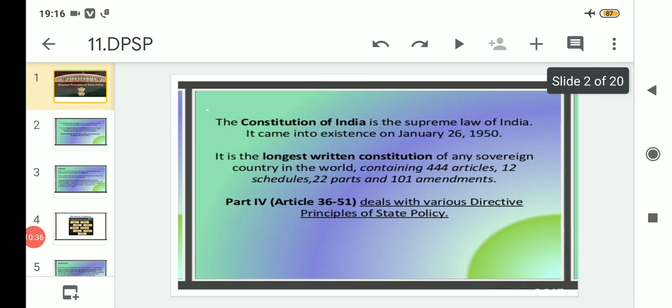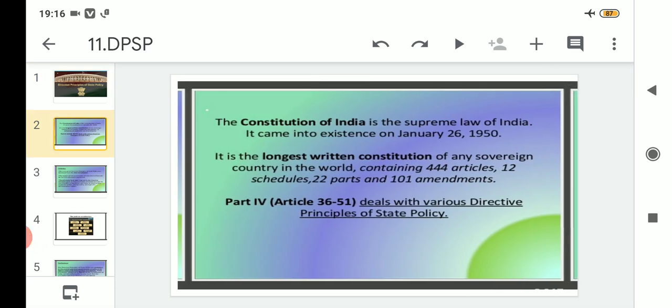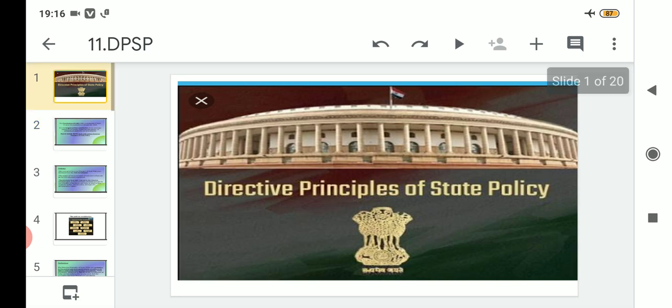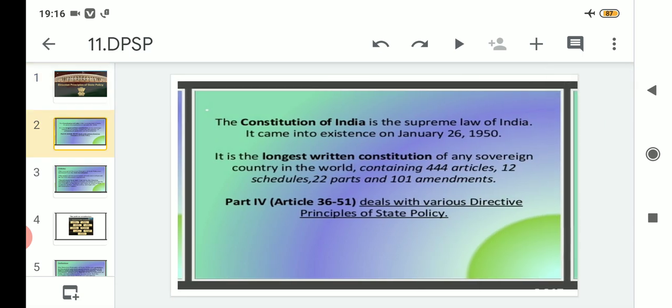So with this we will wind up here only. Today we have read about the definition of the directive principles of state policy, and along with that we have also read about under which part of the Indian Constitution we can find them, and this is under Part 4, Articles 36 to 51.